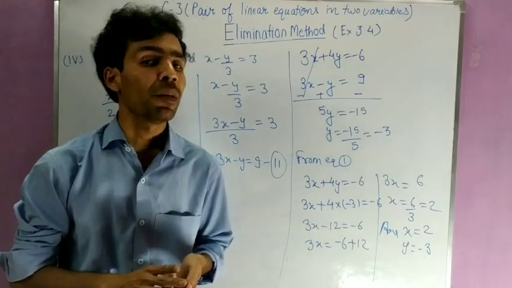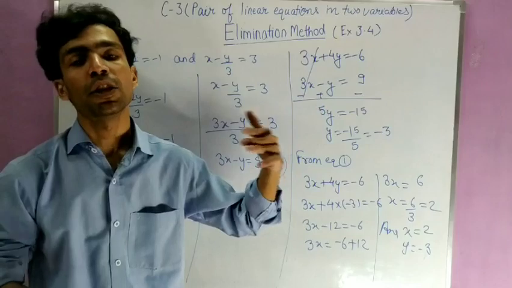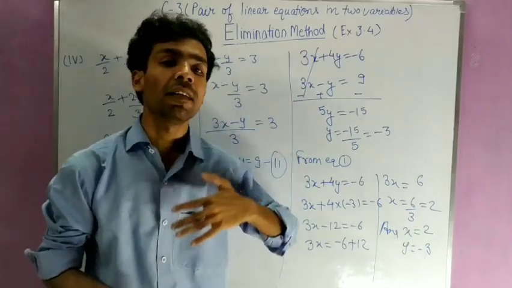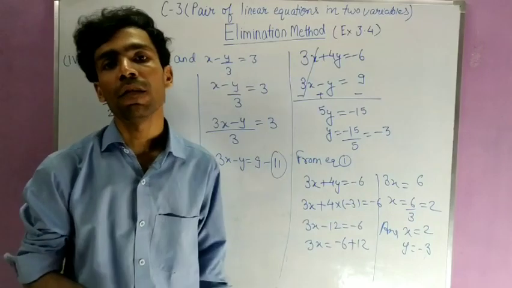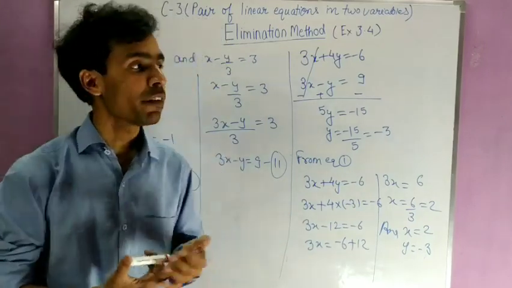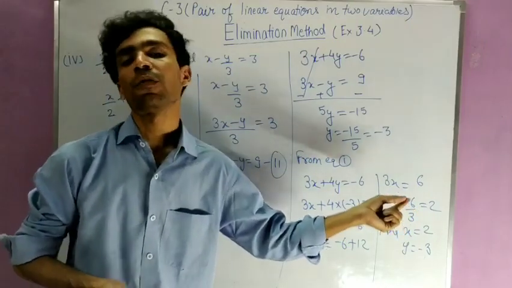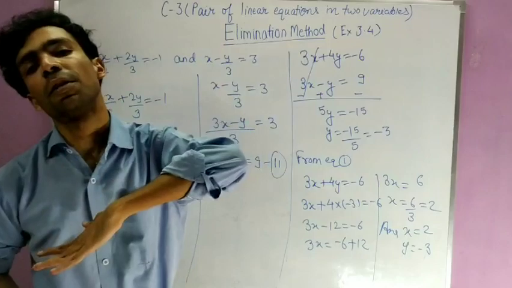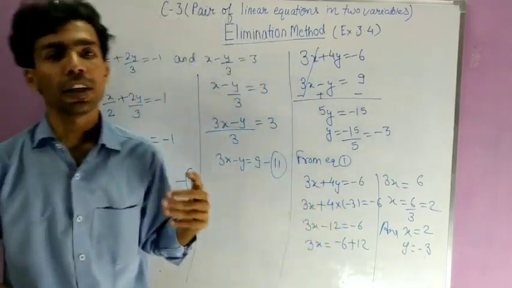And when coefficient will be same, then you will see the sign. If their sign will be same, then you will subtract two equations, and when the sign will be opposite, then you will add these two equations. After solving, you will get the value of one variable, and if you got the value of one variable, then you can put in any of the two equations, you find the value of another variable. So by this we can solve the pair of linear equations.